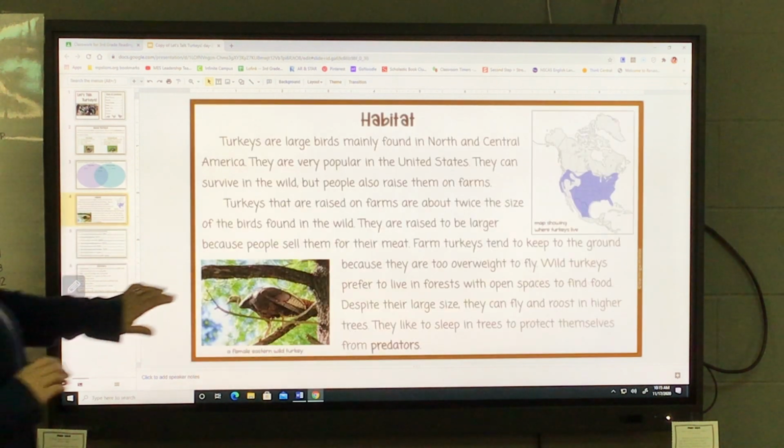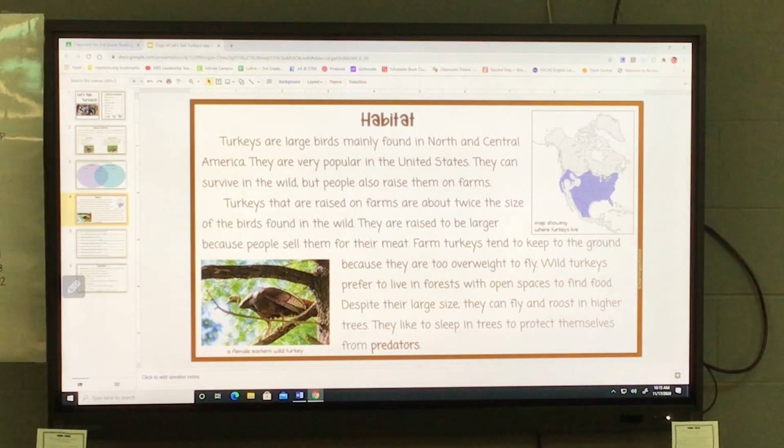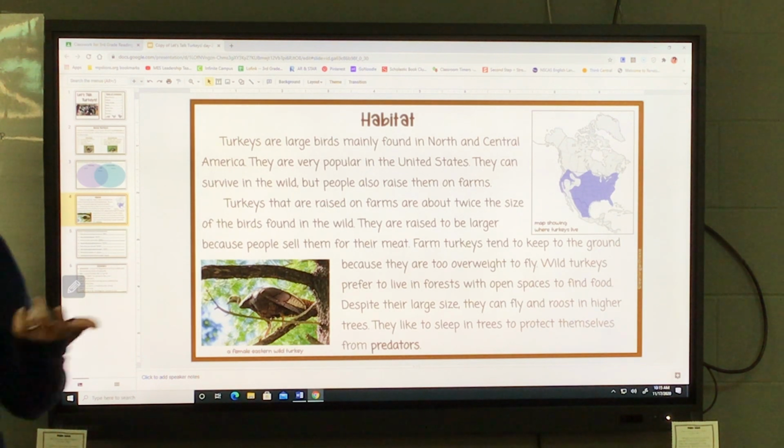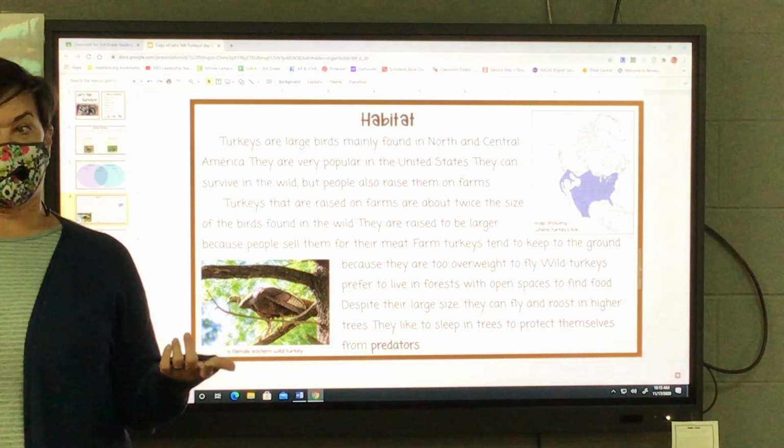Oh, sorry. I forgot that I left it on the other one. So to protect themselves from predators. Predators are animals that would do what to the turkeys? Eat them. Yeah, that would eat them.